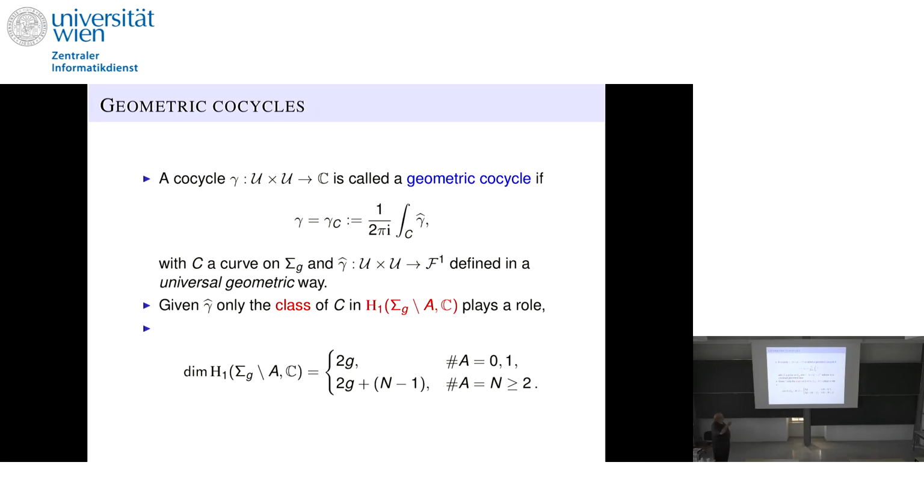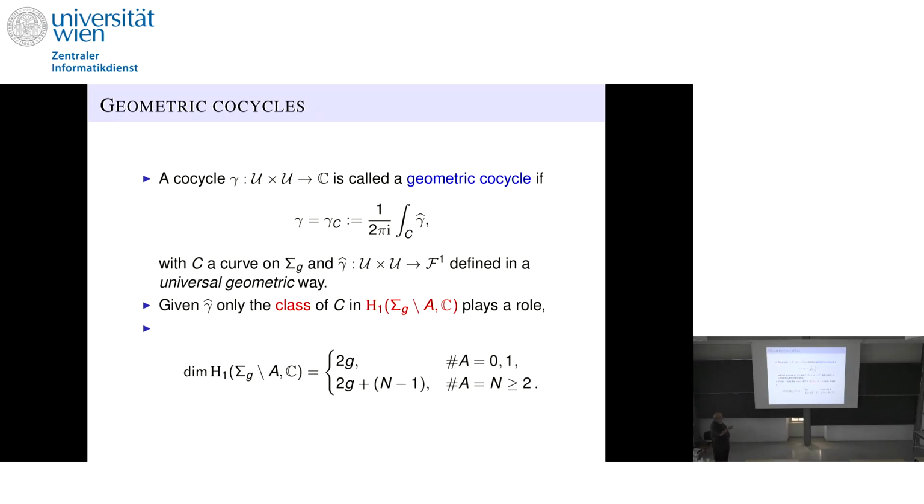And then integrating over a curve C. Now, you see, if gamma hat is fixed, only the class of C in this one plays a role. The point is, this H2 of U, C, we cannot easily grab. We cannot find it directly, but this will give us a way to do it.